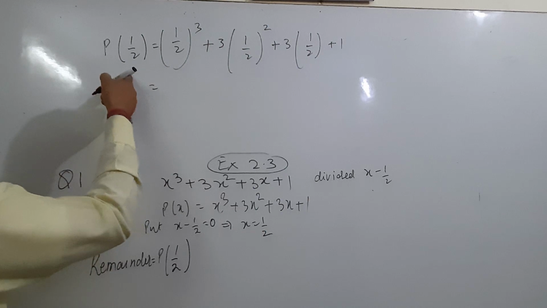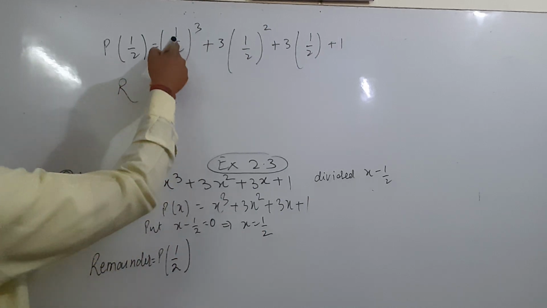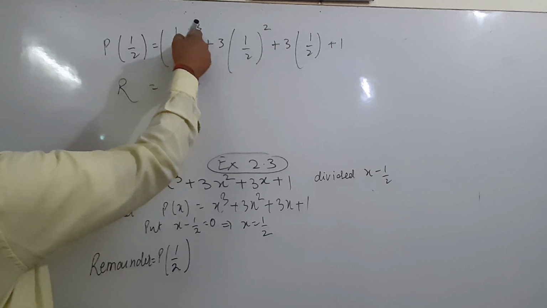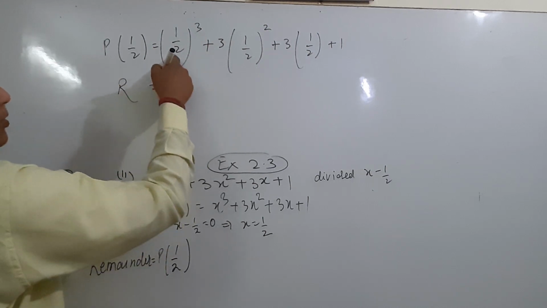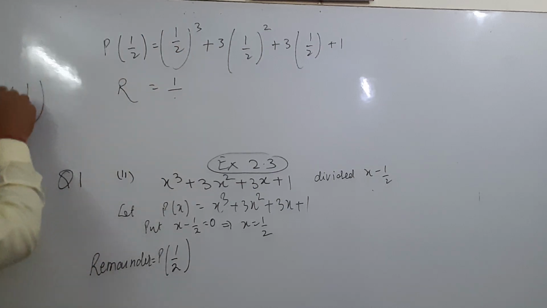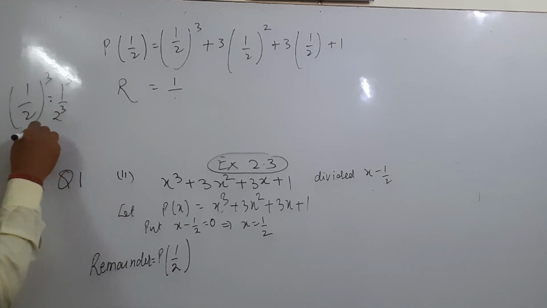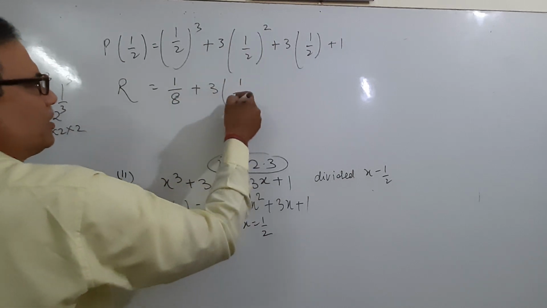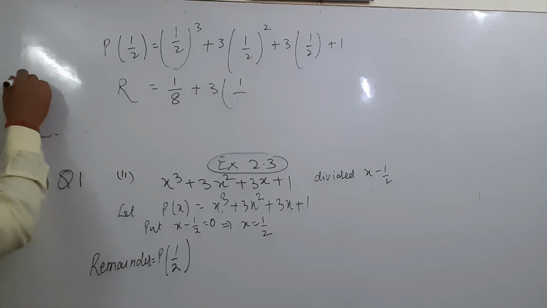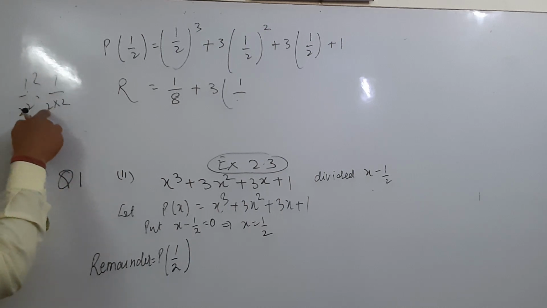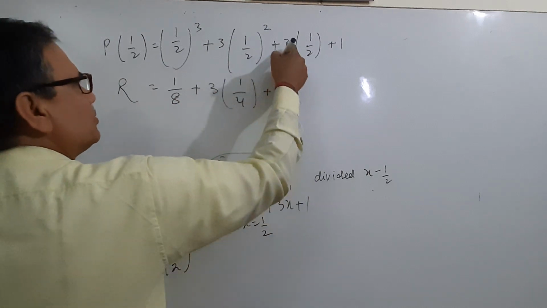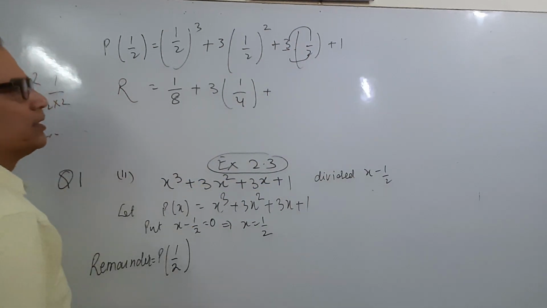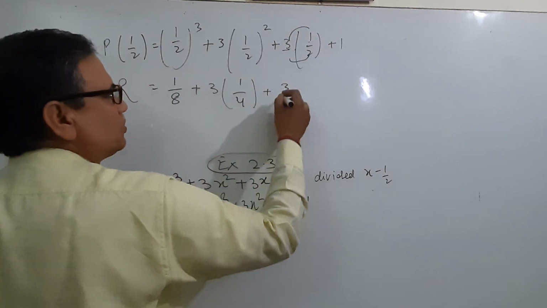Now this is the remainder. Apply the law of exponents: (a/b) whole power n. 1 power 3 upon 2 power 3; 2 power 3 means 2 into 2 into 2, which is 8, so 1/8, plus 3 times 1 square upon 2 square, which is 3/4, plus 3/2 plus 1.